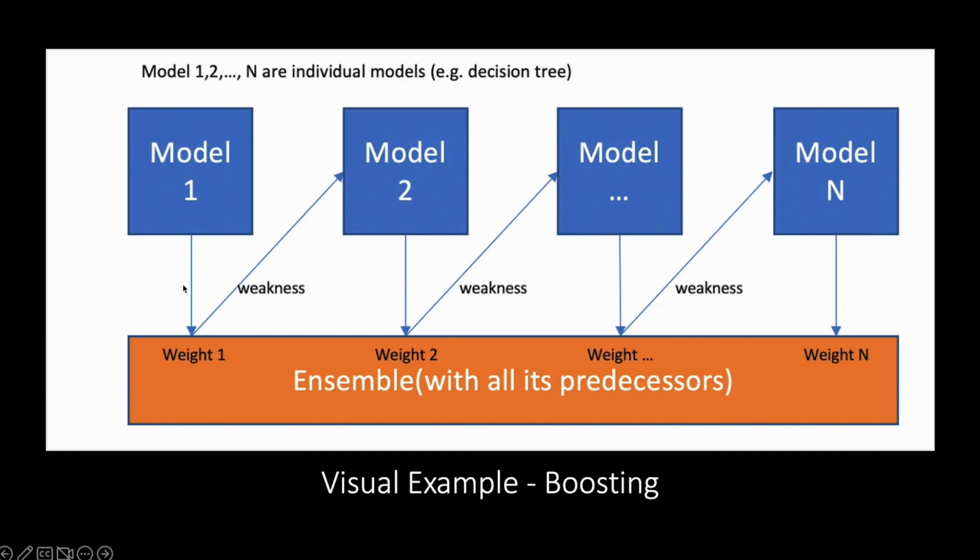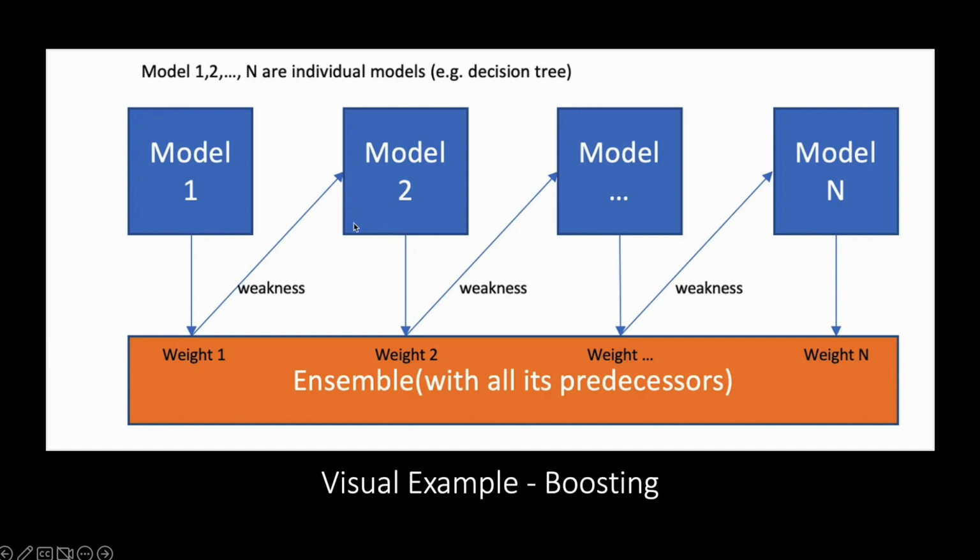After that, what we are doing is the weights also. In bagging, if you recall, we are taking the majority vote over there, right? Here, we are taking the weights of the model, okay? So the model also has weights. Now, when it comes to the final prediction, we will take the prediction of model 1 multiplied by the weight given to model 1, and we'll see how these things are calculated.